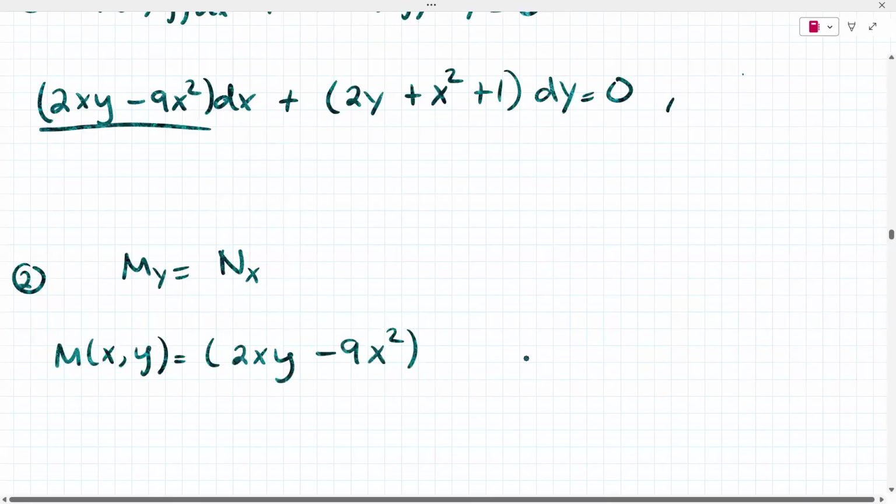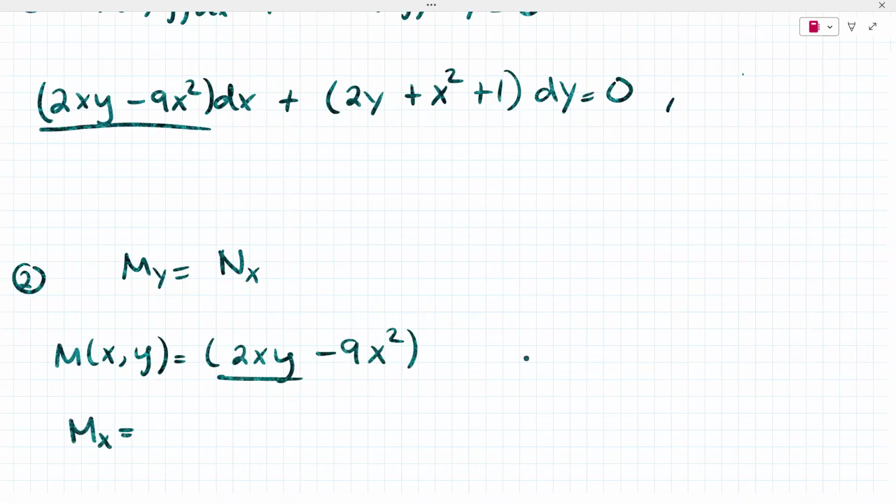And if we take it with respect to y, this term has a y, the derivative of 2xy with respect to y is 2x.